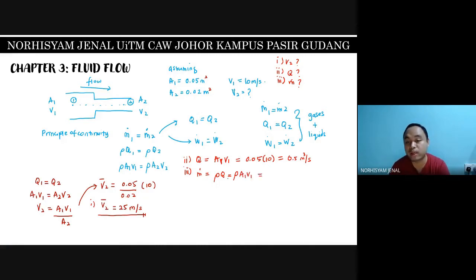So if we use rho times Q, we can just use rho for this question, assuming this is just water, for example. So the rho of water is 1000 kg per meter cube. So we can just use 1000 times what we have here, 0.5. So the answer should be 500 kilogram per second, mass flow rate.